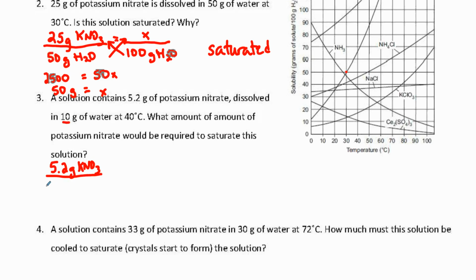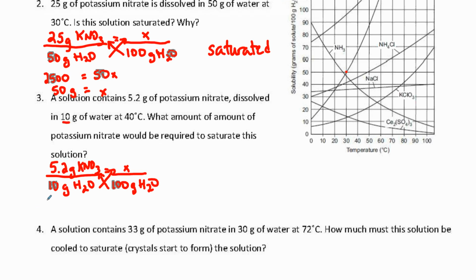So I have 5.2 grams in 10 grams of water. What would that be equal to if I'm dealing with 100 grams of water? This one's pretty easy because to get from 10 to 100, you multiply by 10, so you would do the same thing here. But if you weren't sure, you can cross multiply.